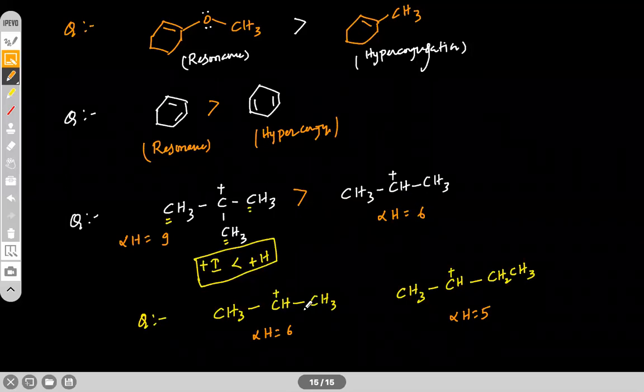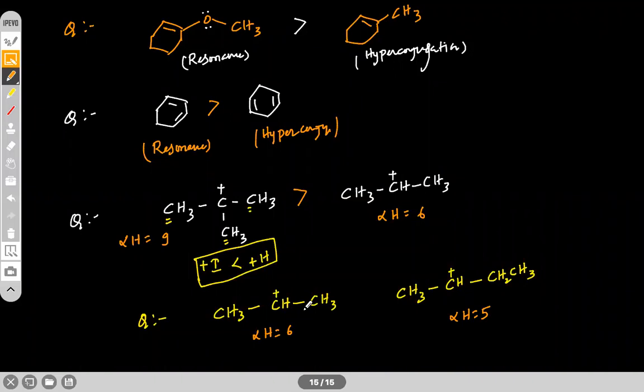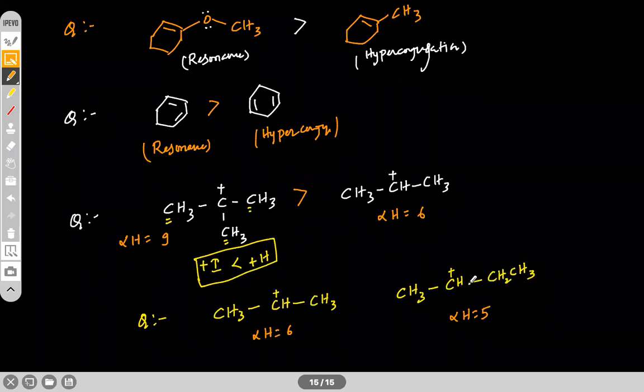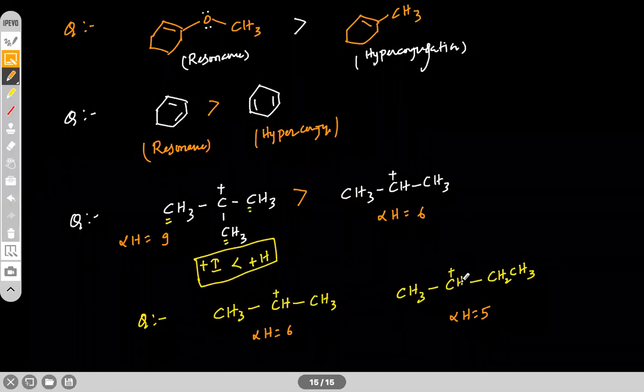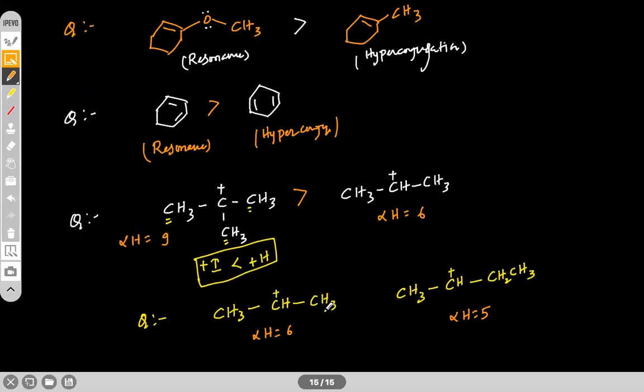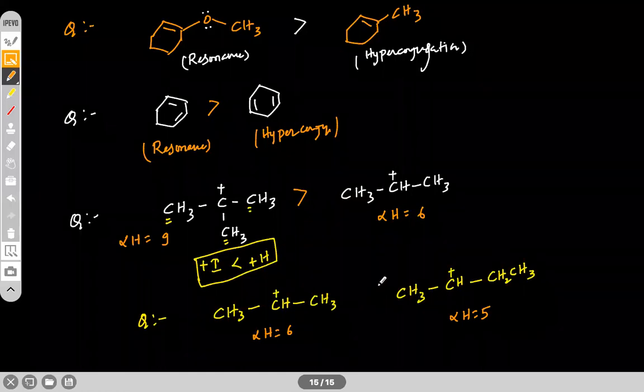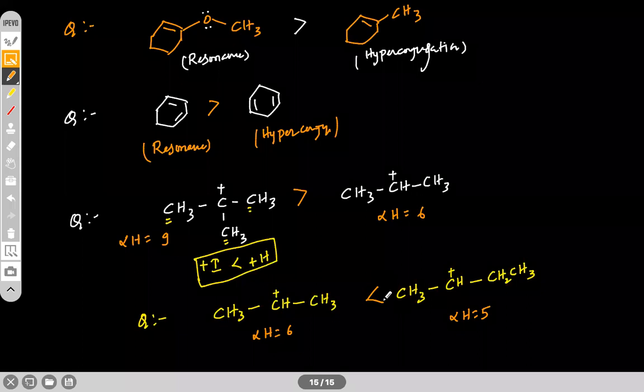We know a larger group can release more electron. So this has more tendency to release electron, and hence this will stabilize the carbocation more than methyl. Hence, due to I effect, the order of stability is this.